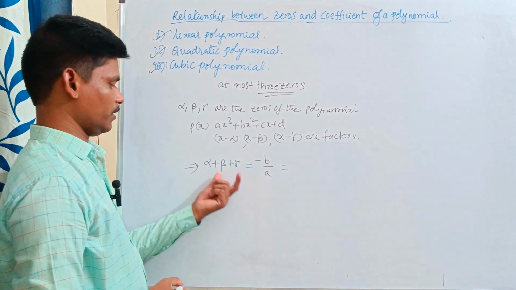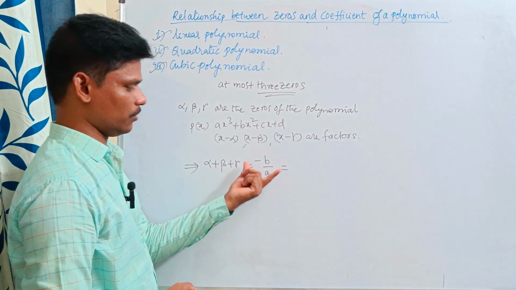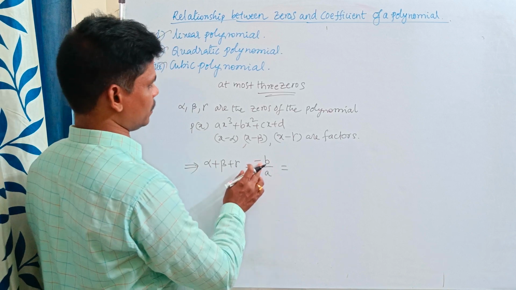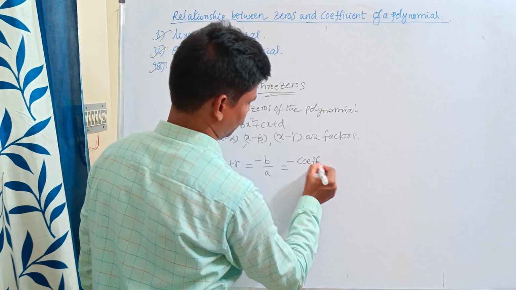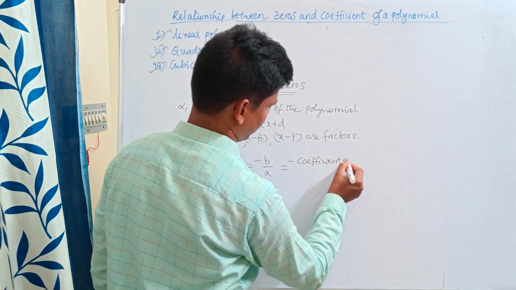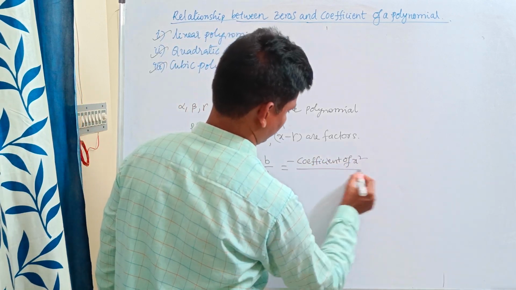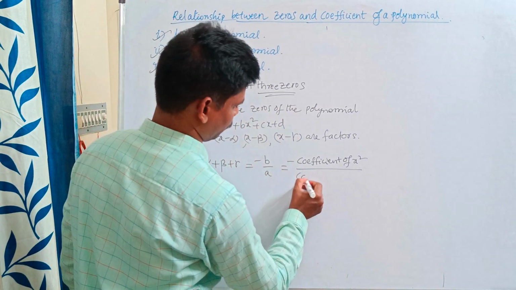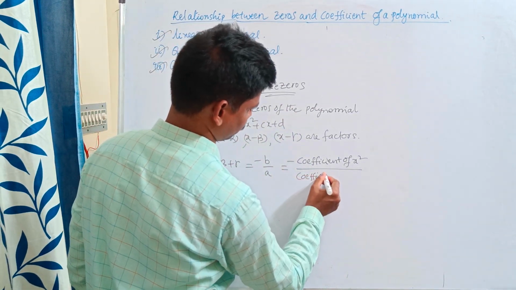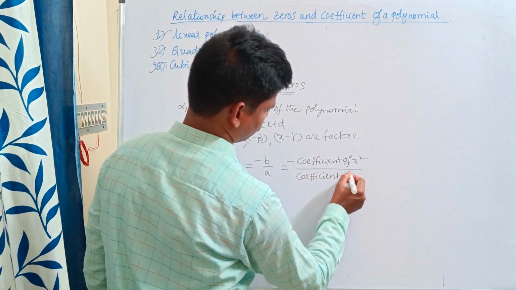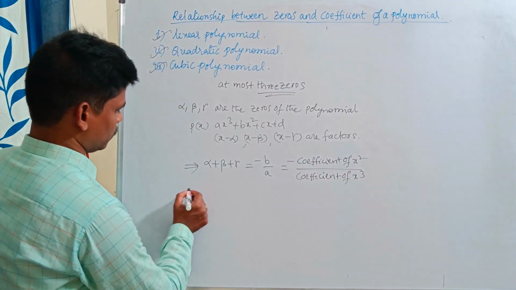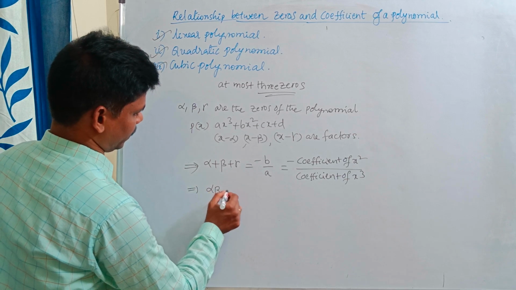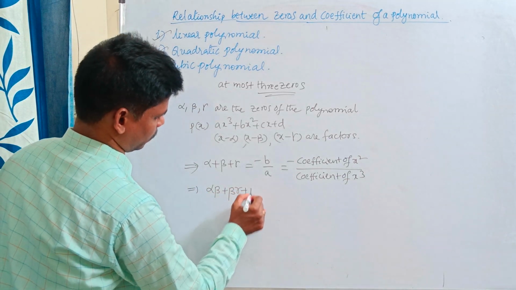Here b is the coefficient of x square, and a is the coefficient of x cube.